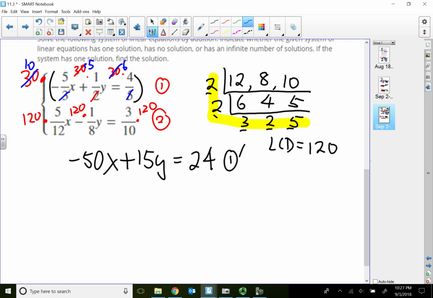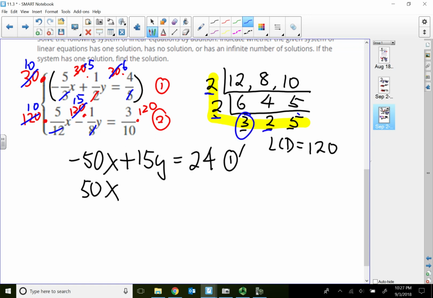Top 120, bottom 12 reducing to 1 and 10. 10 times 5x is 50x. Let's see, 8 and 120 reduce to 15 times. How do I know that so quick? Because right here, 2 times 2 times 2 is 8.